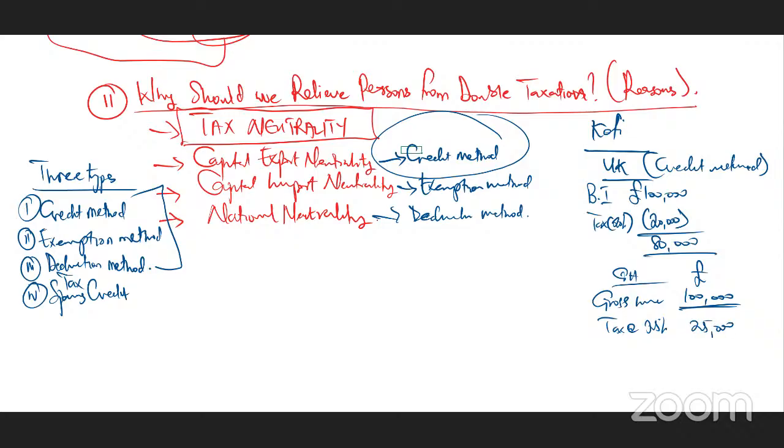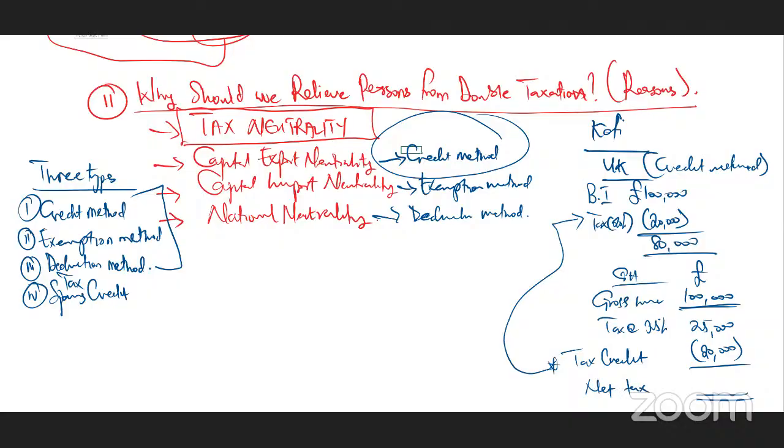But if I'm supposed to give this guy a tax credit, if I'm applying the credit method, right? And I give him a tax credit for the tax that you paid in the foreign country. So that 20,000 you paid in the foreign country will be given as a credit for you. So you end up paying a net tax in Ghana of how much?